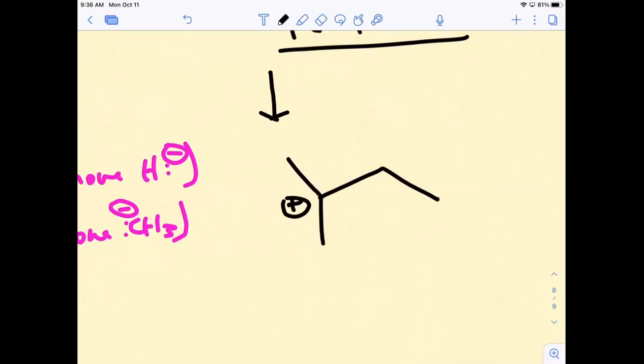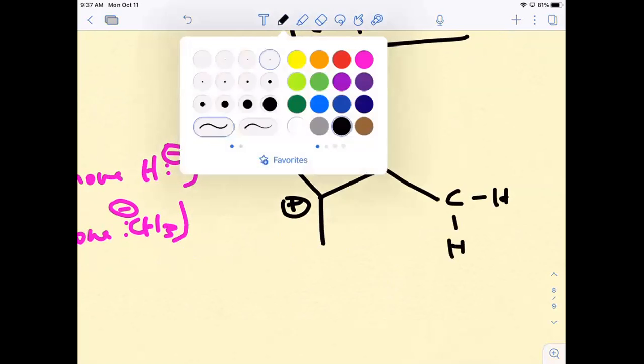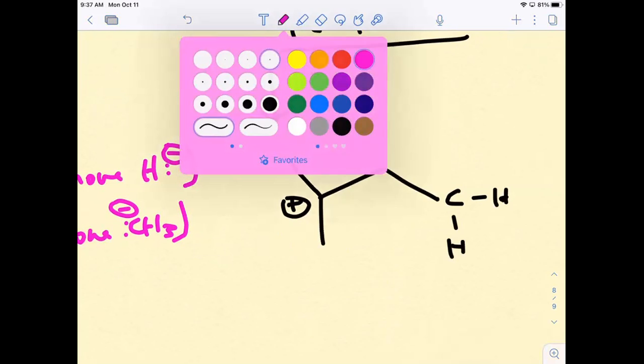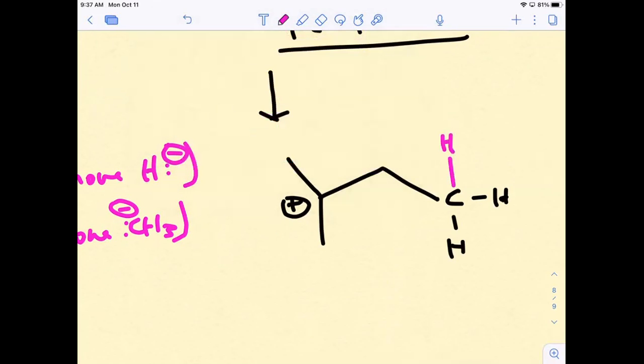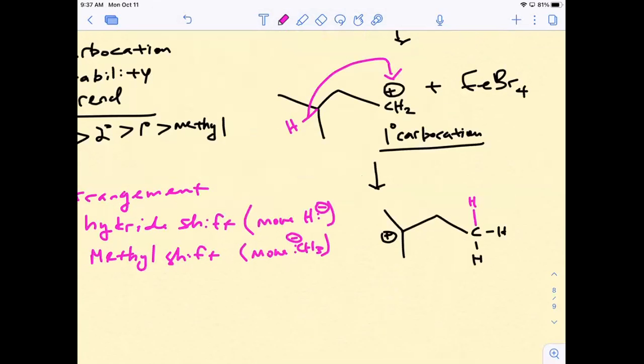And it's going to move that hydrogen down to here. Right, the hydride shift is the hydrogen and both of its electrons. That whole bond is going to shift over to where that carbocation is.